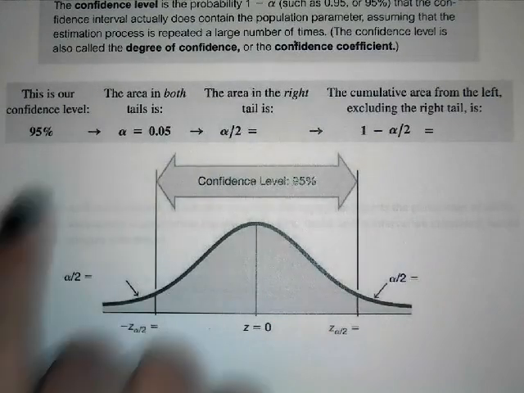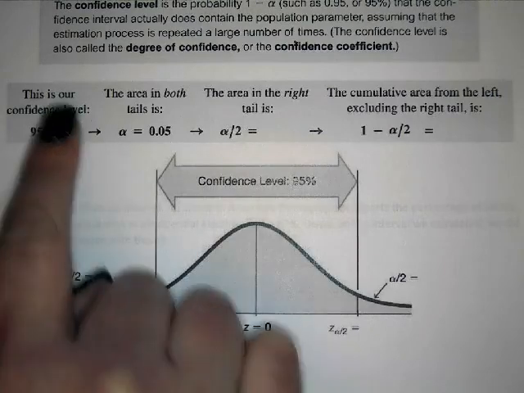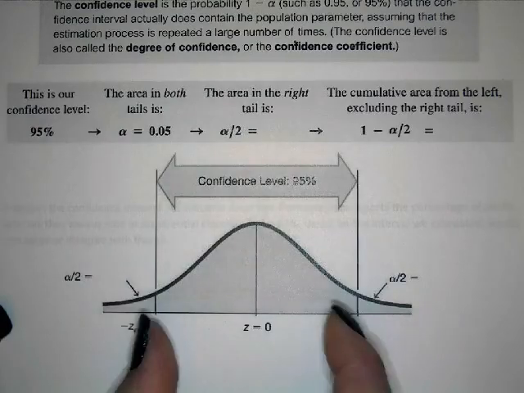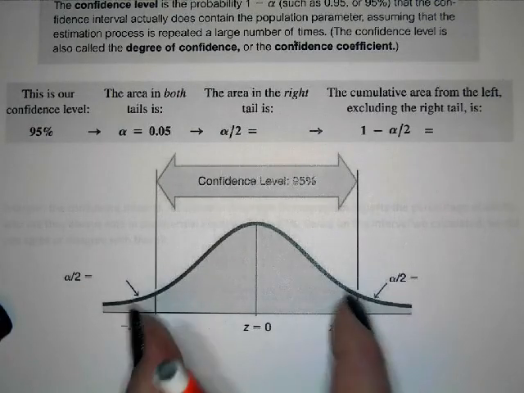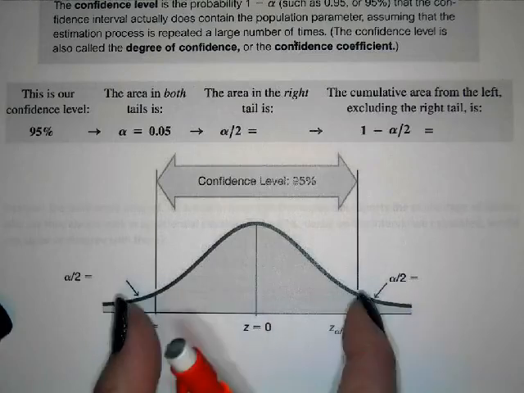So we have 3 confidence interval levels that are typically used. They use 90%, 95%, and 99%. So if our confidence level is 95%, then the probability in a normal distribution is this middle 95%. And the outliers are that 5% that's on either end.